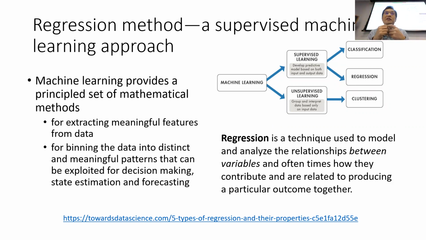You want to use these data points to estimate beta values to fit the model to give you the best predictor, and you can regress and predict the next value. If I give you all the information you need in the features or explaining variables, you should be able to predict the y, which is the dependent variable. So this is a technique to model and analyze the relationship between variables, between your explaining variables and the dependent variable.